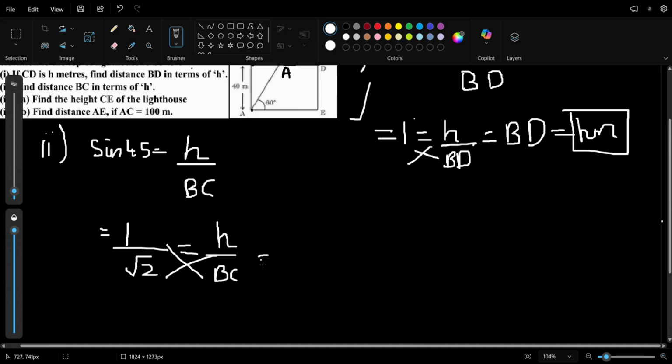If we cross multiply, you get BC is equal to h root 2 meters.